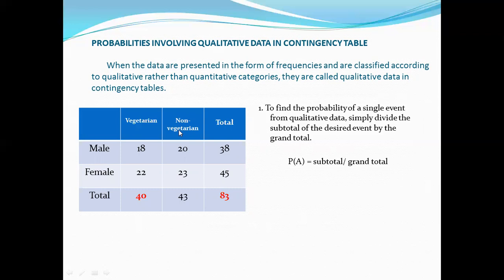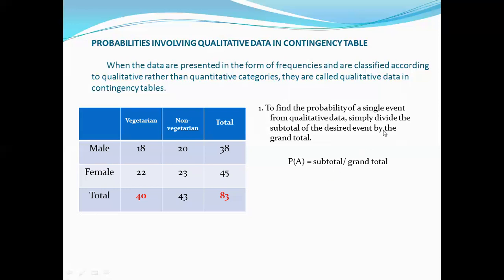Let's have the first case. The first case is finding the probability of a single event from qualitative data. Single event only: we're finding the probability of just vegetarian or non-vegetarian, male or female only. Okay? So how do we get the probability?